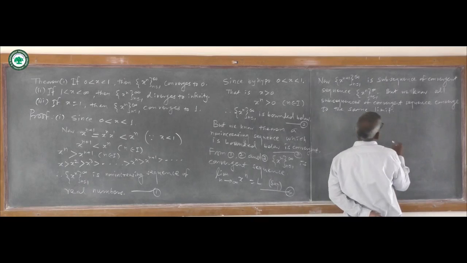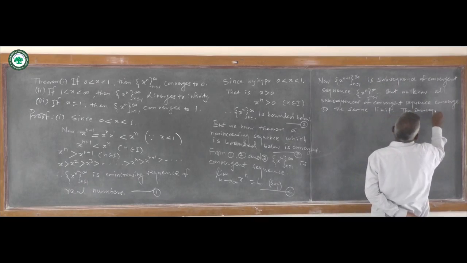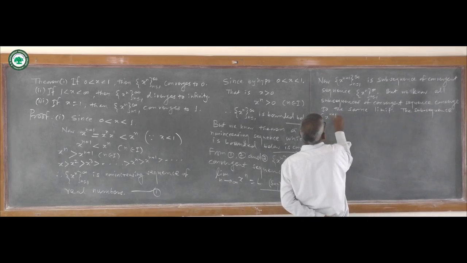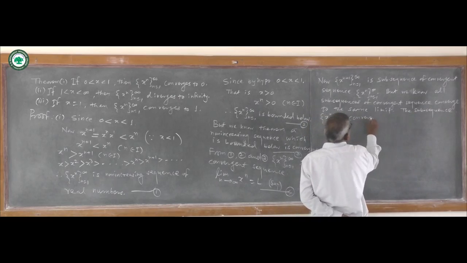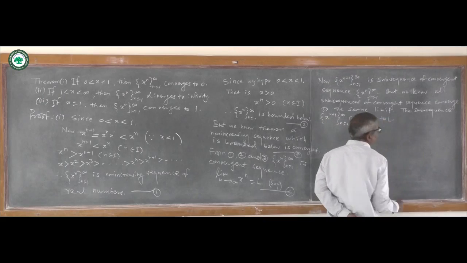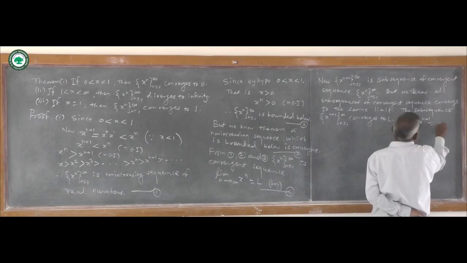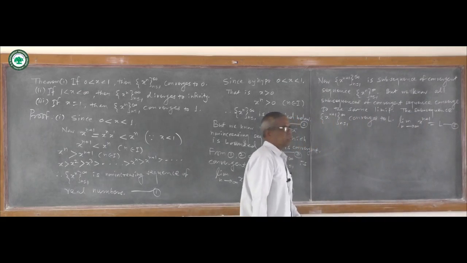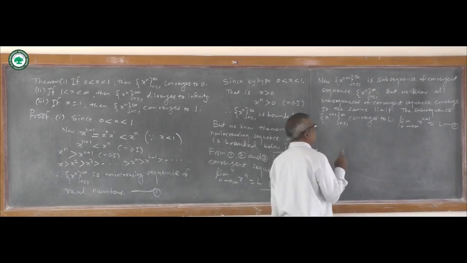Therefore, the subsequence x^(n+1), n = 1 to infinity, converges to L, and we write the limit as n tends to infinity of x^(n+1) is also equal to L. All subsequences of a convergent sequence converge to the same limit.